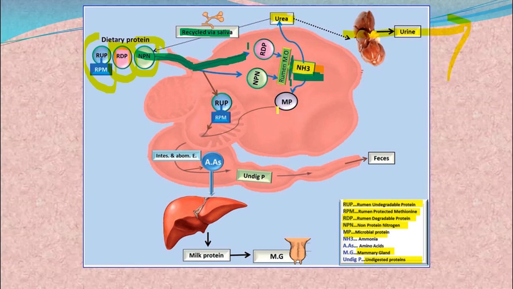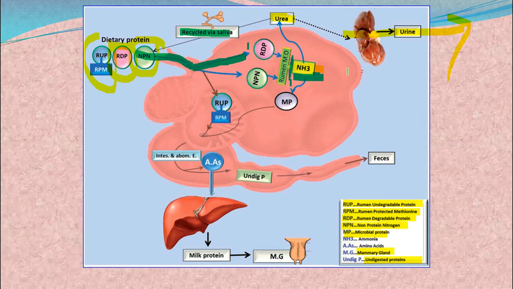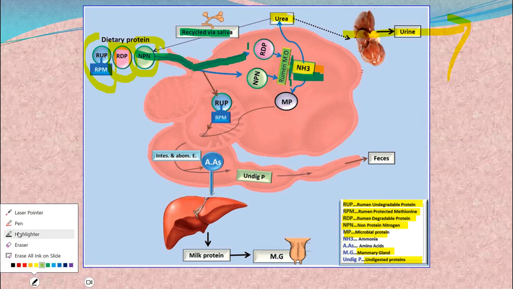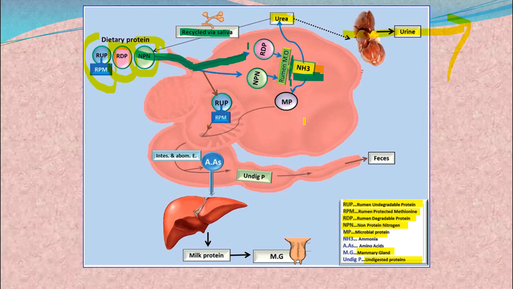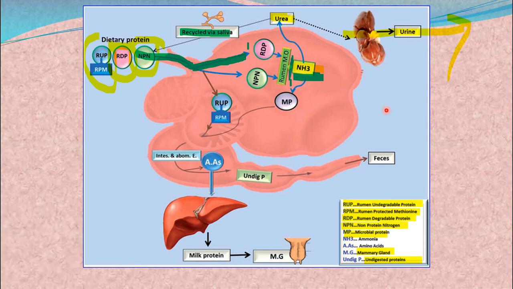The blood urea nitrogen concentration in ruminants is very high compared to other animals, and that is why ruminants are always utilizing the rumen degradable proteins. Now the rumen undegradable proteins.